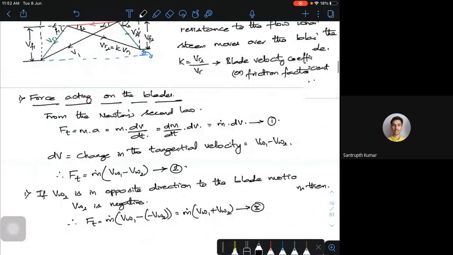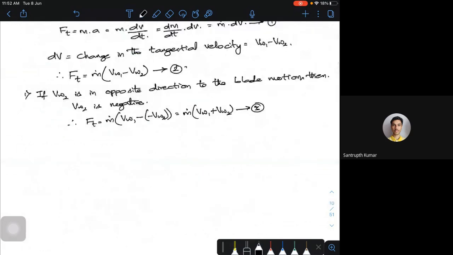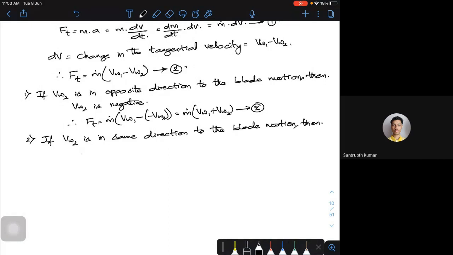Now the second case. I will draw the velocity triangle for that also. If Vw2 is in the same direction as the blade motion, then Vw2 is positive.